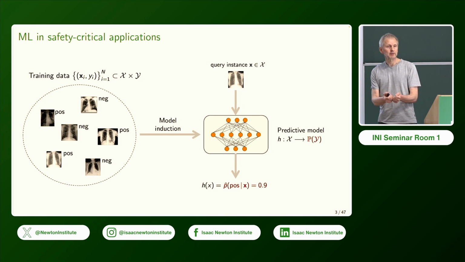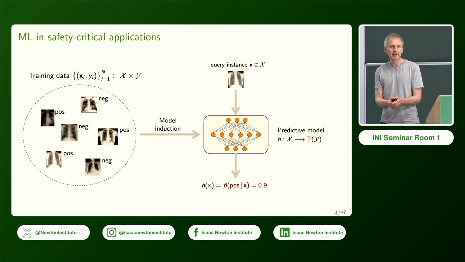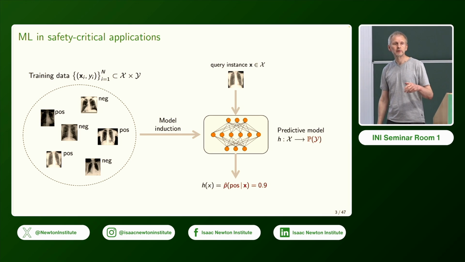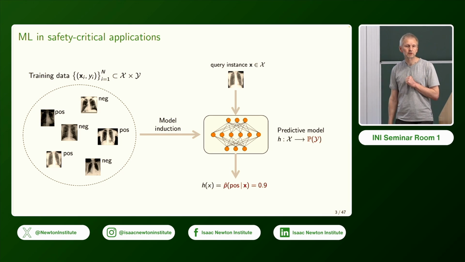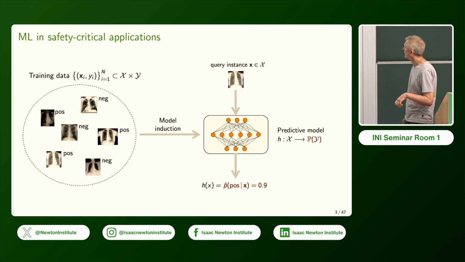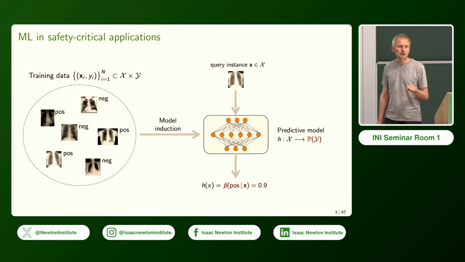And such probabilistic predictions are, of course, good to have in safety-critical applications to give also an idea of how certain or uncertain the learner actually is in the prediction. So it's clearly better than just having a positive or negative answer. Now the next question is, of course, how much can we trust this 0.9 estimate?